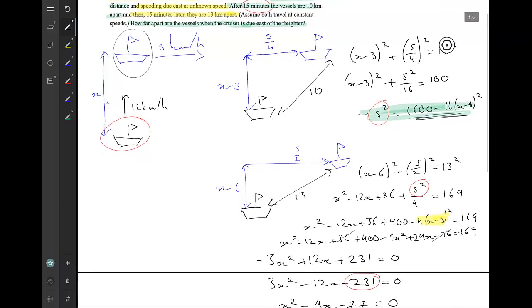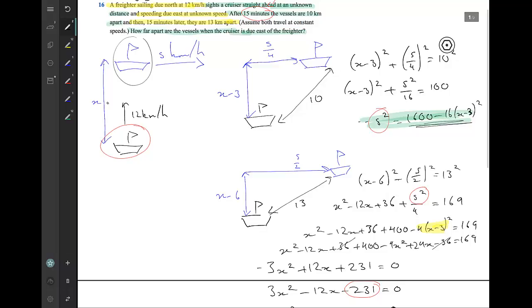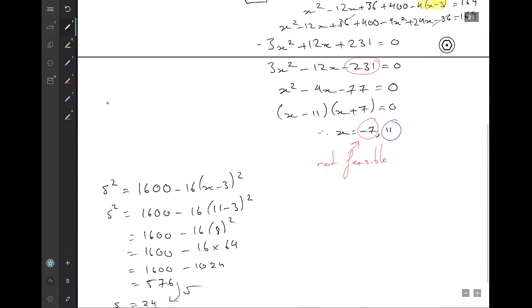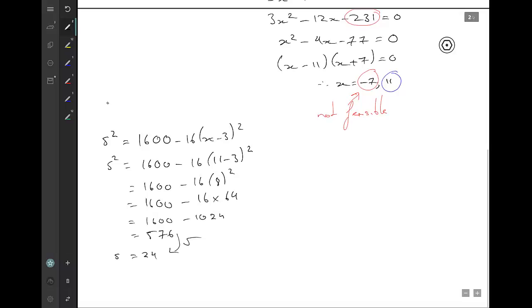So when the cruiser is due east of the freighter, that means the freighter has travelled a distance of x kilometers. So it's travelled a distance of 11 kilometers, as we found here. So let me draw the diagram again down here. Alright, so the freighter has moved up to here, and that's 11 kilometers.